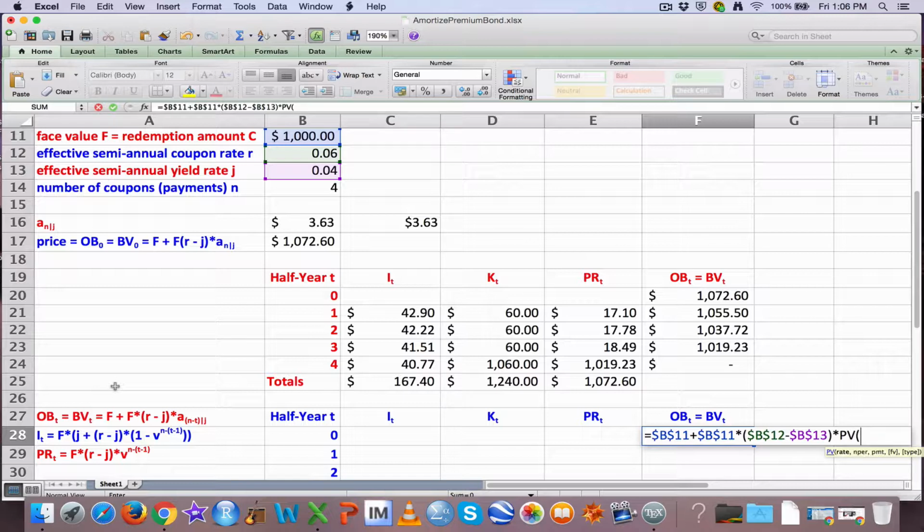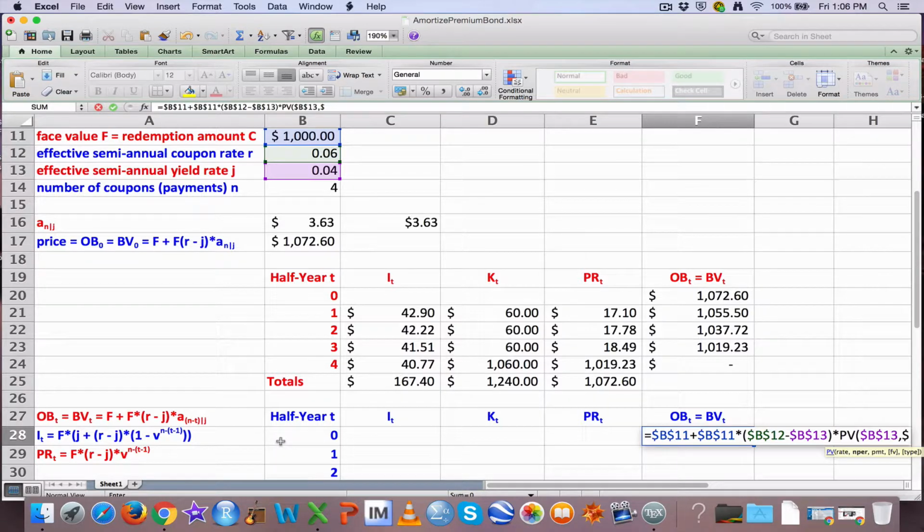PV, rate is J in B13. The number of periods, okay, this is the tricky part, is n minus t. It's not 4, it's not just B14, but B14 minus t, which is going to come from B28, which I do not want to be fixed because I want that to be updated.